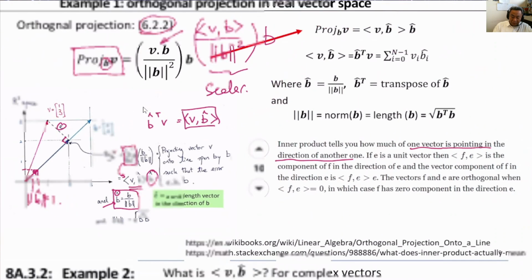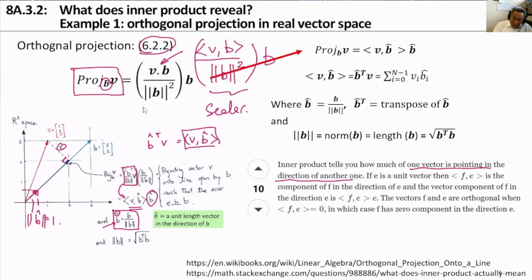So the take-home message is this: the inner product not only reveals the angle between two vectors, it can be used when we project one vector onto the other vector, and out comes a scalar. This scalar tells us how much is needed such that we will bring the b hat to become this point over here.